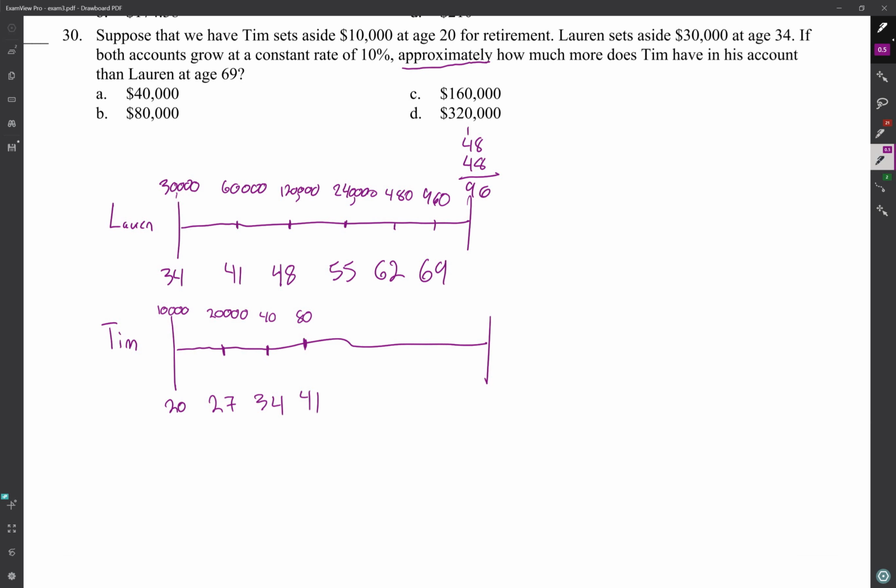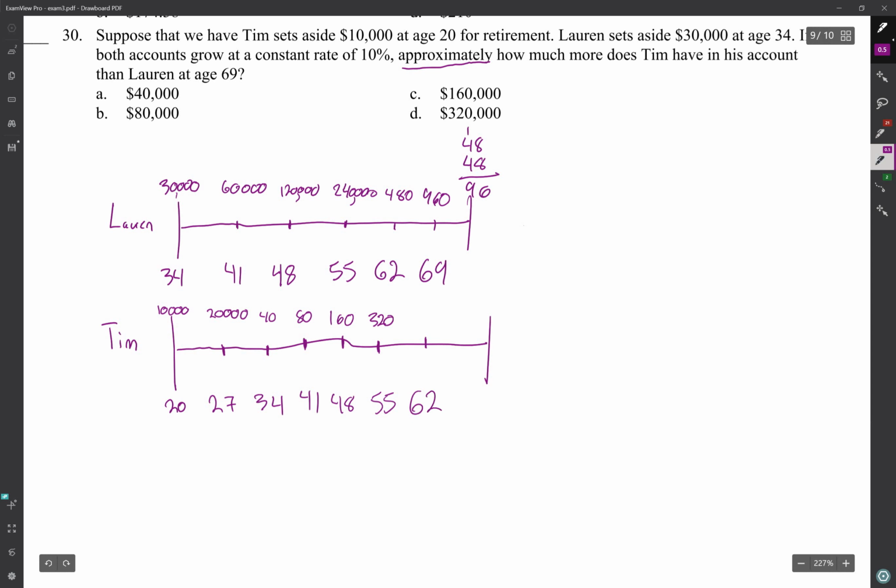Okay, so already he's looking better at that age. At age 48, he should have $160,000. At age 55, he should have $320,000.